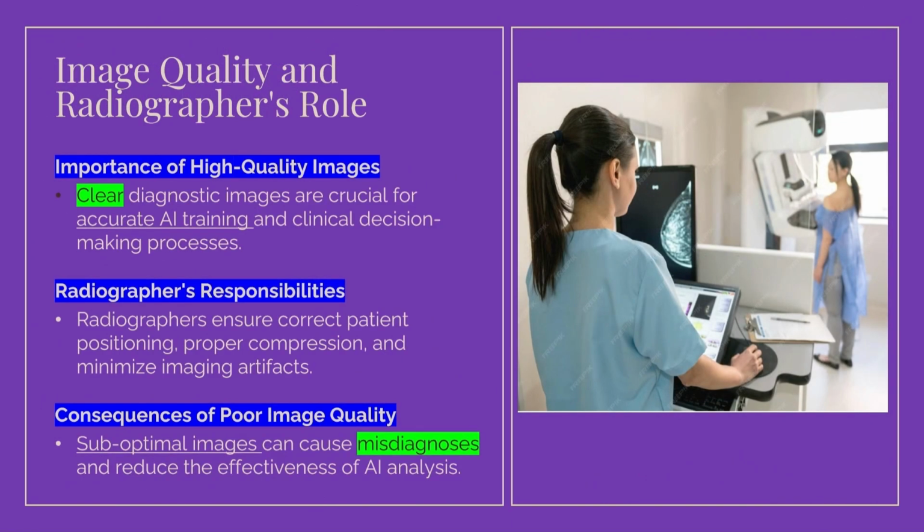So it is very clear that with its diagnostic value, mammography is very important. And if you get very poor image quality, of course, when you feed it into the AI model for training, what you get is a mess, right?